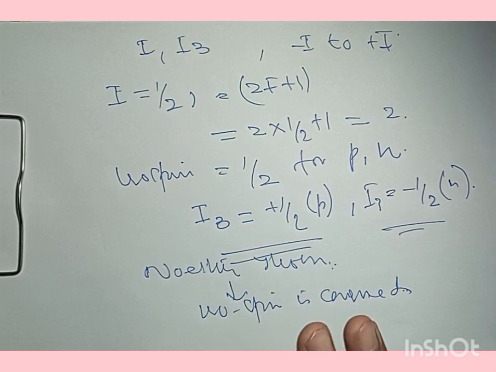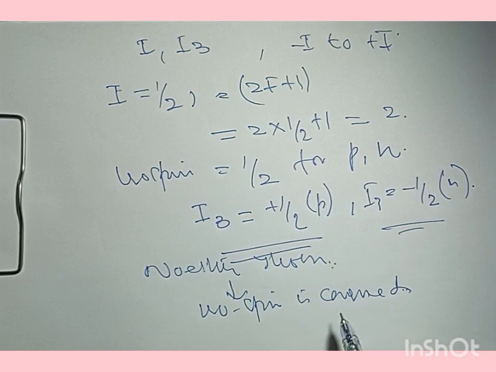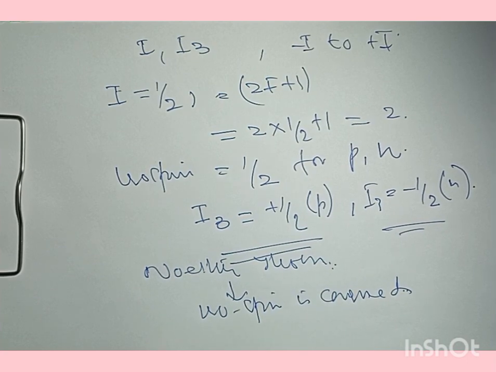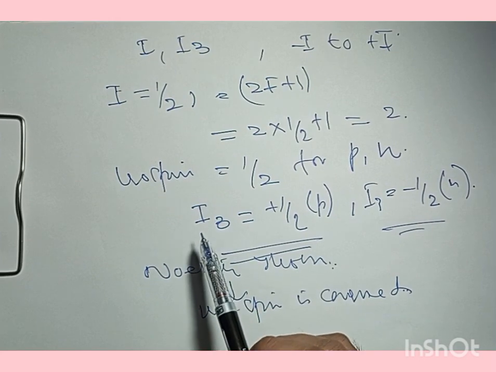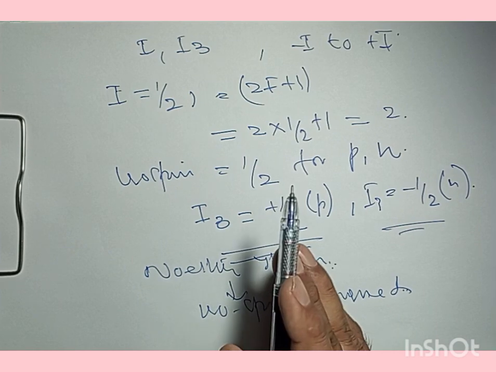Isospin is conserved in strong interactions. And isospin symmetry basically reflects in the physical states that belong to the isospin multiplets, and which have the same mass.